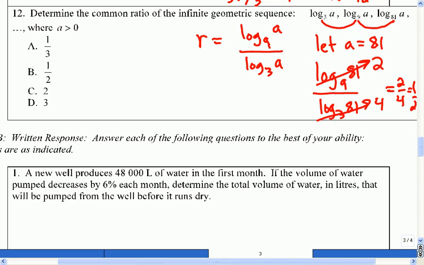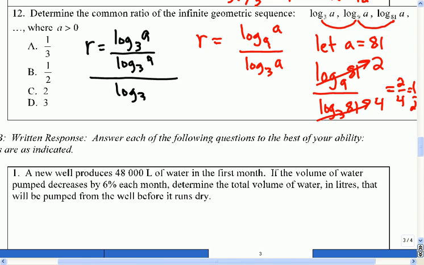Different bases. If we want to do some operations, we'd have to have the same base. So I'm going to turn them both into base 3. So r equals log base 3 of A divided by log base 3 of 9, and then I still have log base 3 of A on top.